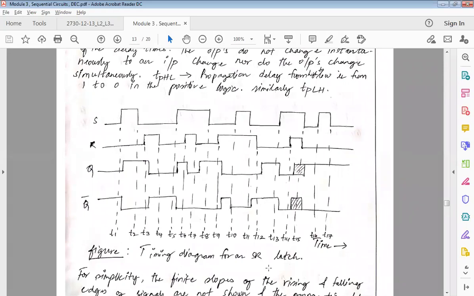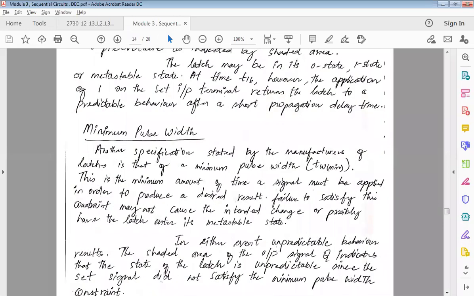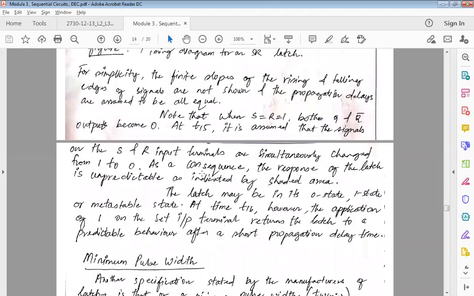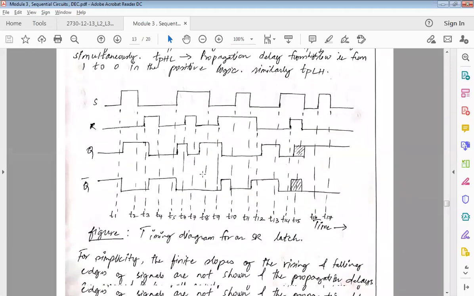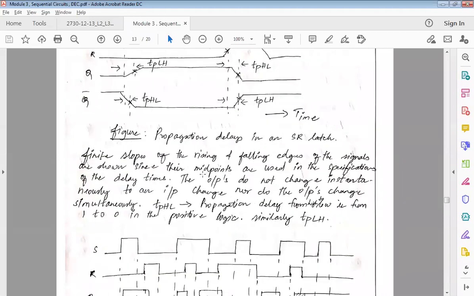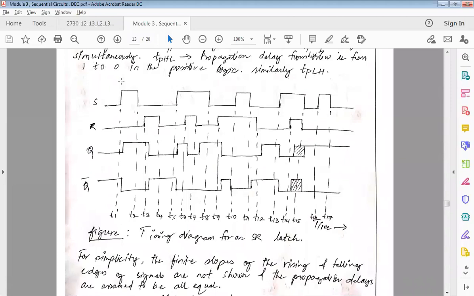So I think probably we will see the upcoming concepts, your pulse width, in the next class, but maybe we'll try and understand this concept here. Right? So let us see a train of pulses. S and R, I just have a random value of those, and of course at every pulse I am drawing a line.